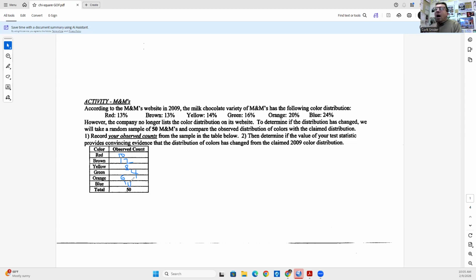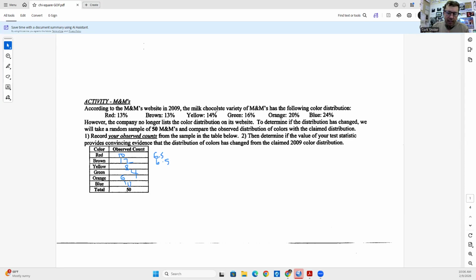Now I got to get the expected values. I'm going to multiply 50 times 13%. So 50 times 0.13 equals 6.5. So this is 6.5 for the expected, and brown will also be 6.5. Yellow's 14%.